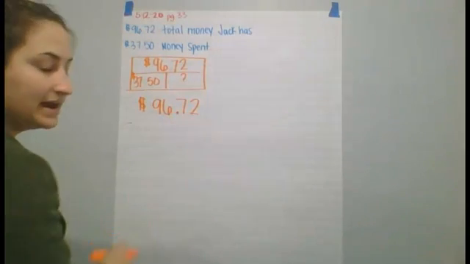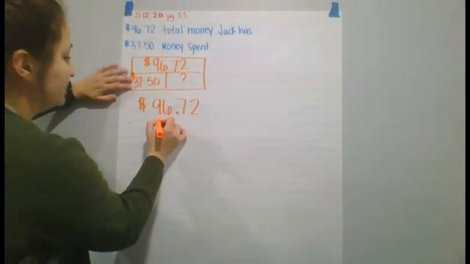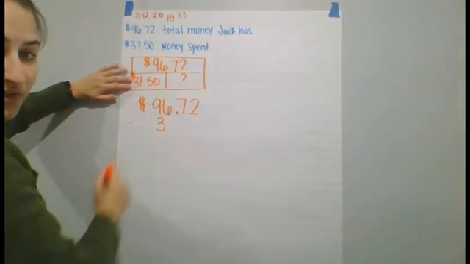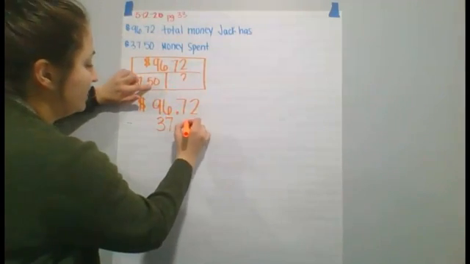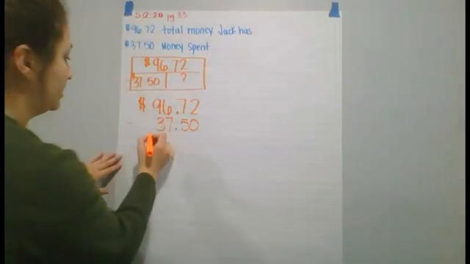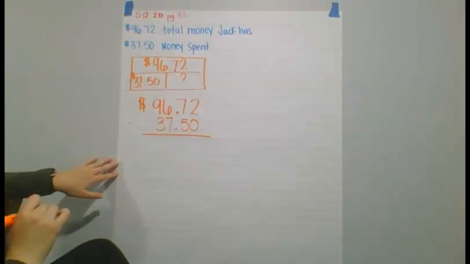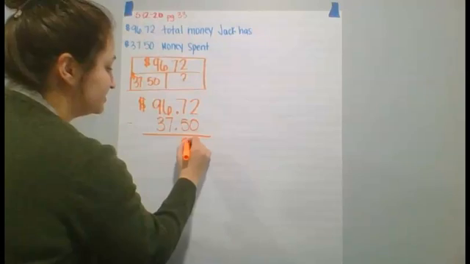And remember, when you are adding or subtracting decimals, you want to make sure that you line up your decimal. The 3 is going to be in the tens place, so it's lining up with the 9. The 7 is in the ones place, so it's lining up with the 6. And then we have 50 cents. 5 in the tenths place, 0 in the hundredths place. Now we subtract. 2 minus 0 is 2. 7 minus 5 is 2.